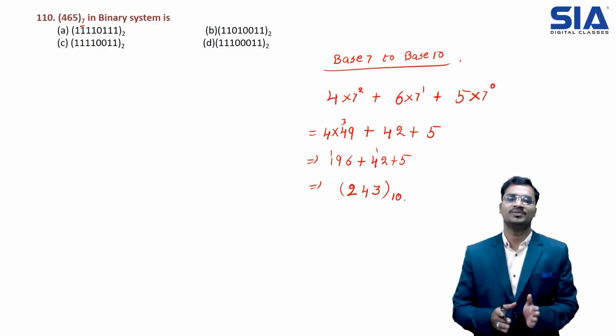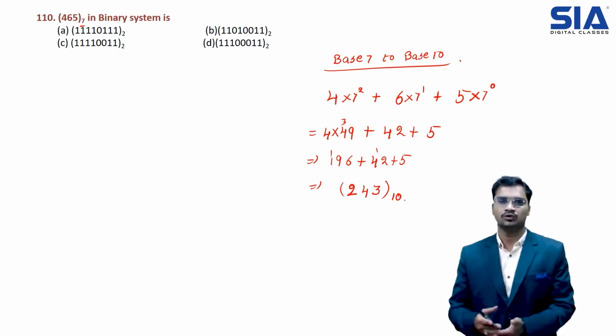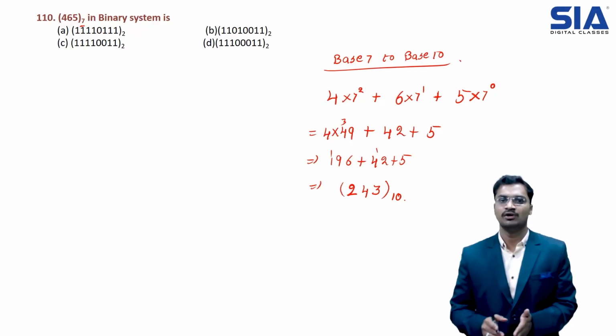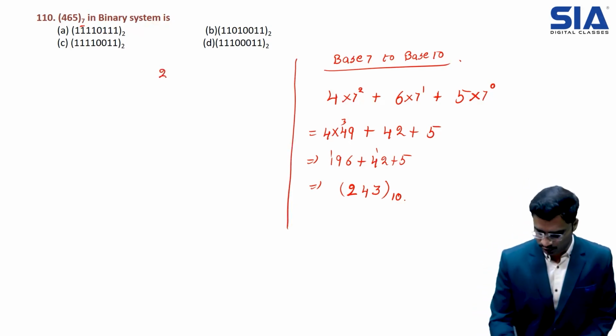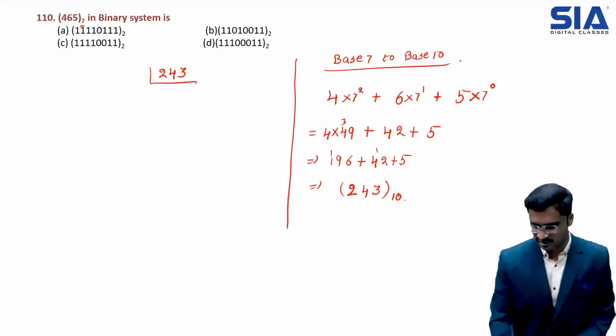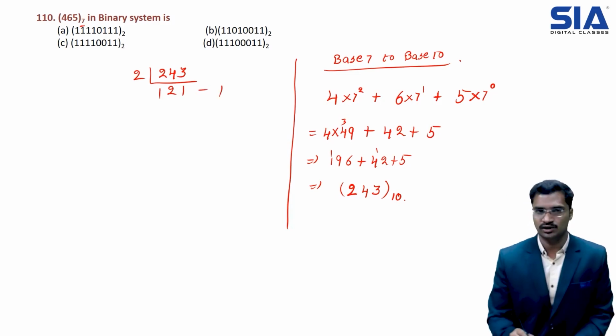After conversion of base 7 to base 10, I have to convert this number into binary. So how to convert a base 10 number to binary? We do repeated division with only 2. 2 ones are 2, 2 2s are 4, 2 1s are 2. Here the remainder is 1. I have to write the remainders as follows. Then 2 6s are 12, remainder 0.